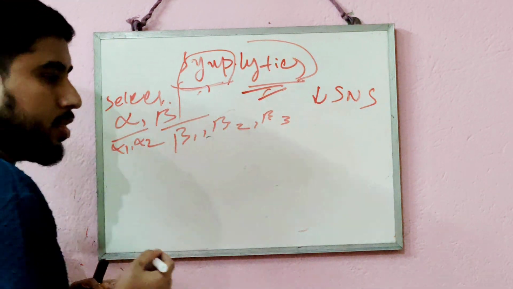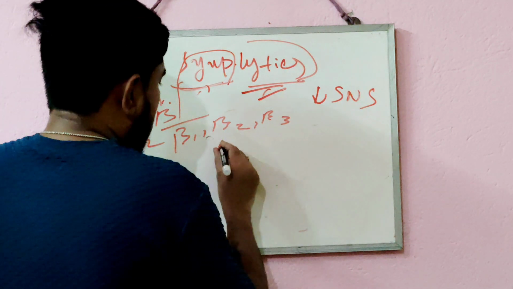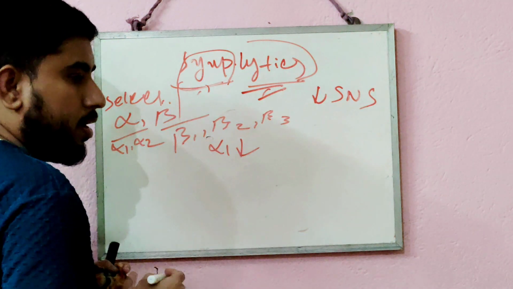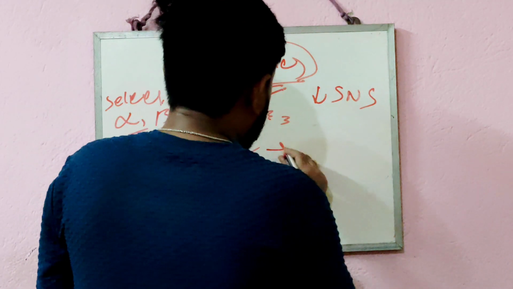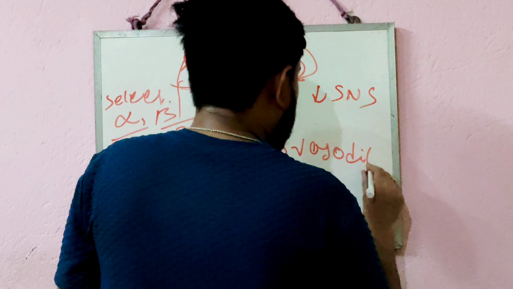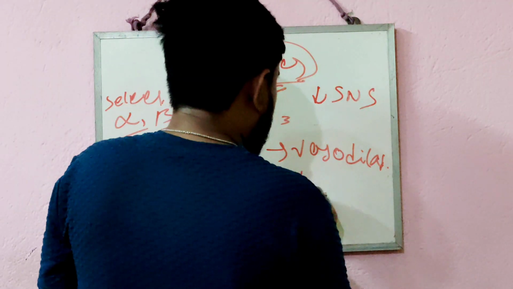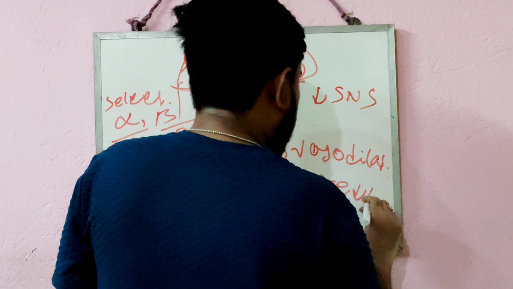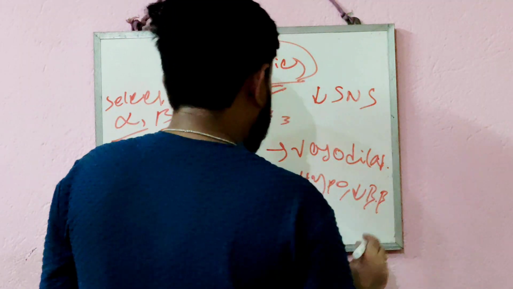Different physiological actions will be shown accordingly. Alpha 1 blockers will show vasodilation, which leads to hypotension, or decrease of blood pressure.